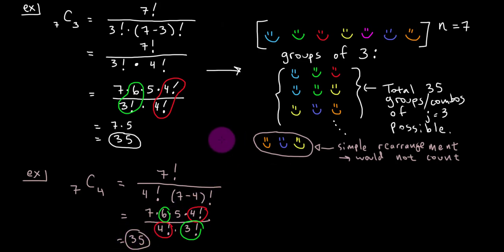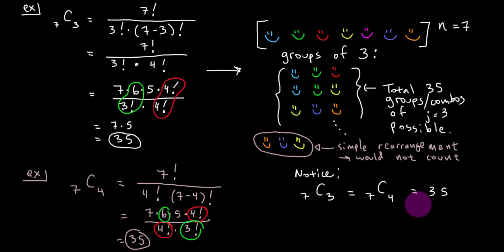So this is pretty cool, isn't it? We got the same answer twice. So let's write down a little property here. Notice that 7 choose 3 was the same as 7 choose 4, and that was 35. The reason for this is because the numbers 3 and 4 add up to 7, right?